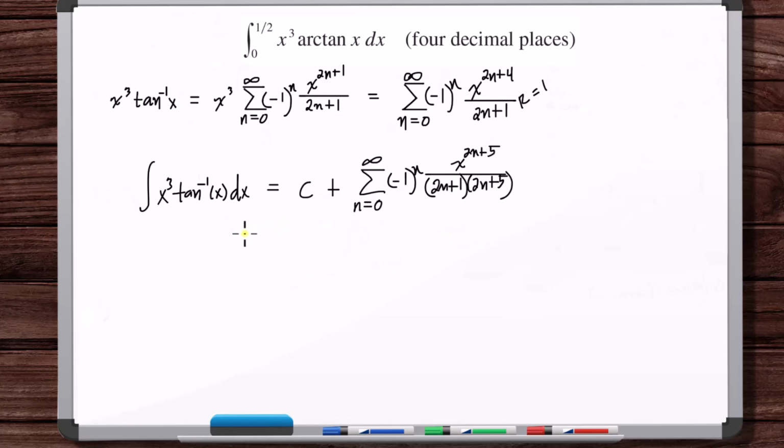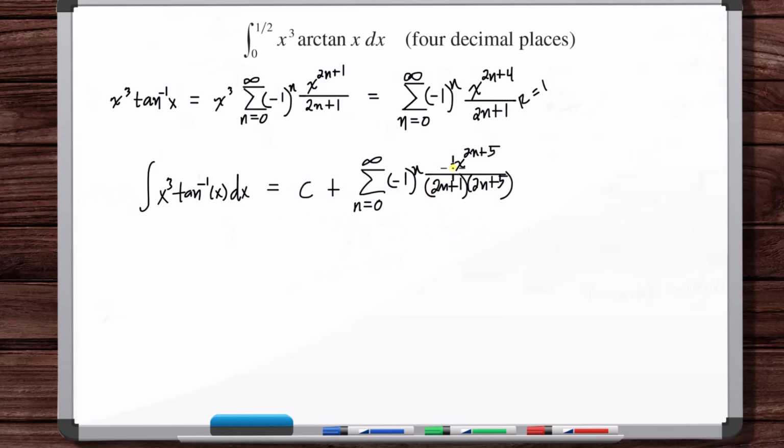So, okay. Now, there's the indefinite integral. When we're integrating from 0 to 1/2, the idea is that you plug in 1/2 here, and then you subtract that from plugging in 0 here. And so the constant of integration doesn't matter.